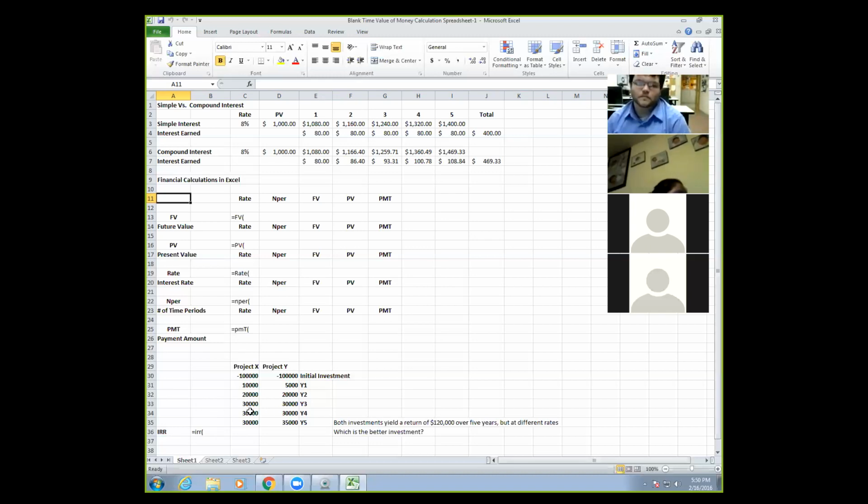This last function down here, which I didn't mention, IRR, I guess I should write that in there, stands for internal rate of return. And that means that sometimes an investment won't have an even return. So you won't always get, say, 5% every year for the next 5 years.